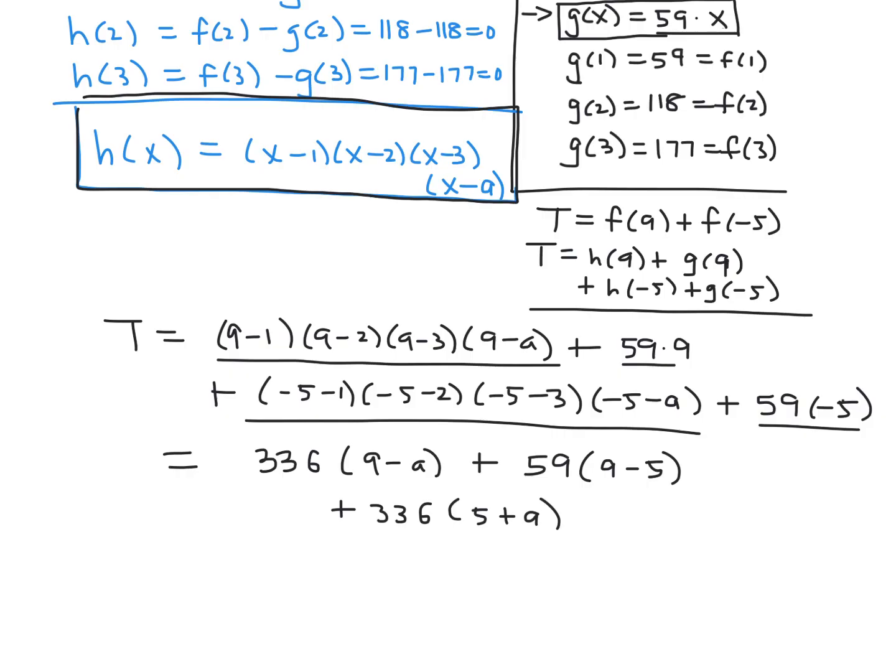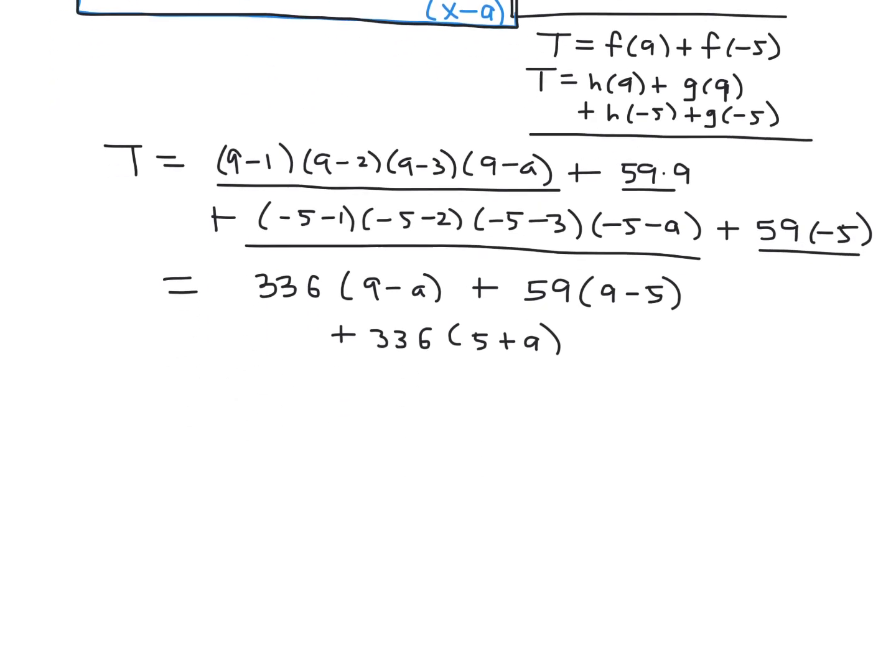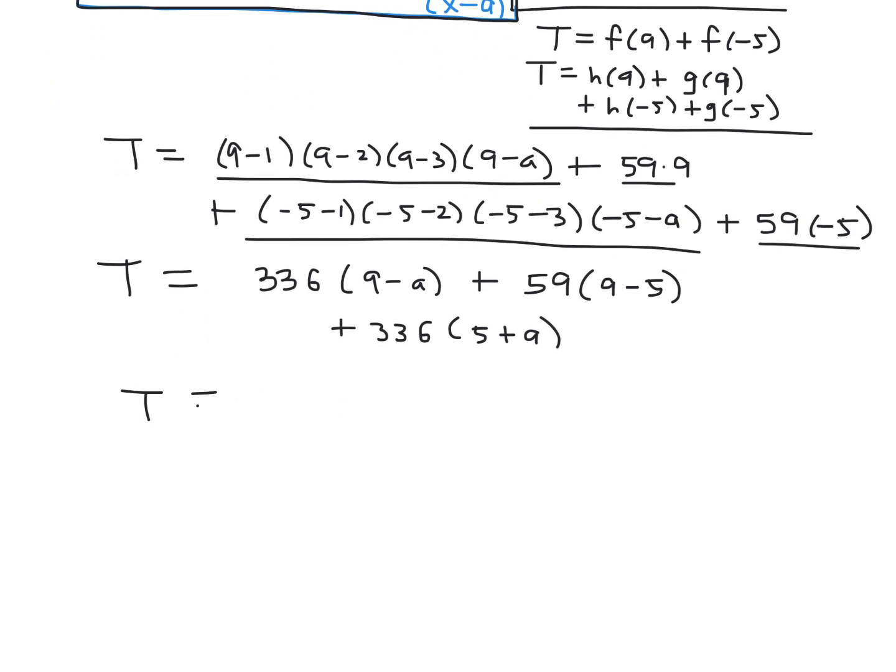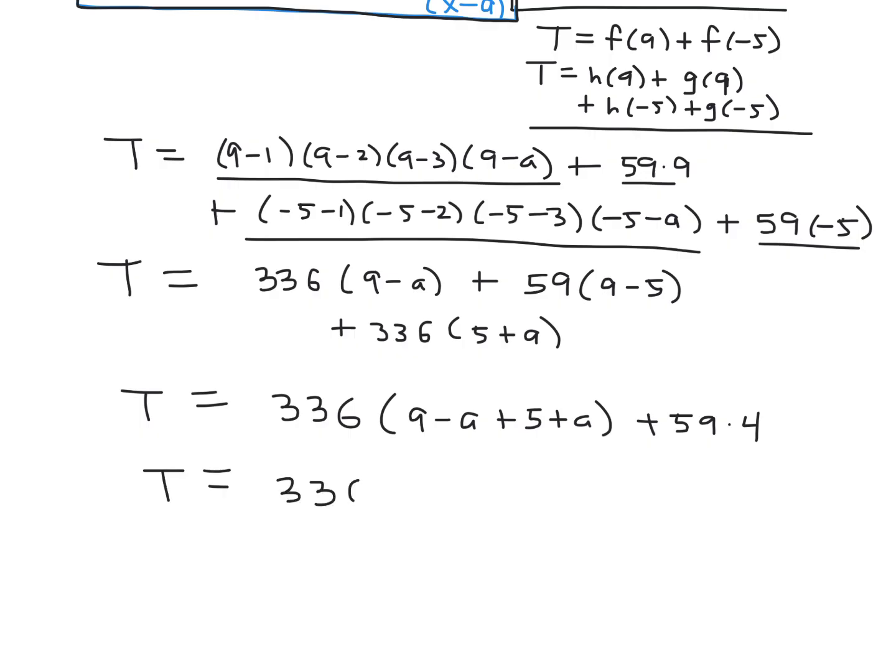Yeah, like that. Okay, so we're getting there. This is t. So if I factor out the 336, I'll get 9 minus a plus 5 plus a. And then this is 59 times 4. Aha, the a's cancel, which is great. That's exactly what I was hoping for. 336 times 14, 59 times 4. We have a number. Perfect.